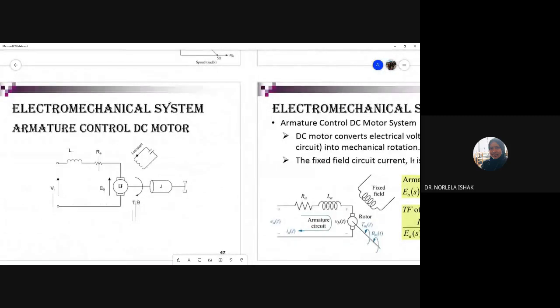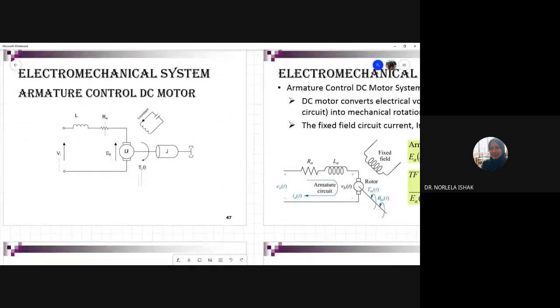This figure, armature control DC motor. This is the armature, we have one loop. Armature control DC motor, and we have a rotational mechanical system at the back.